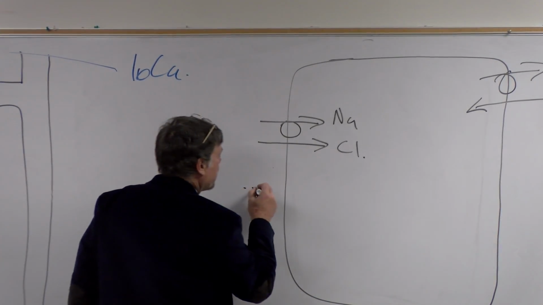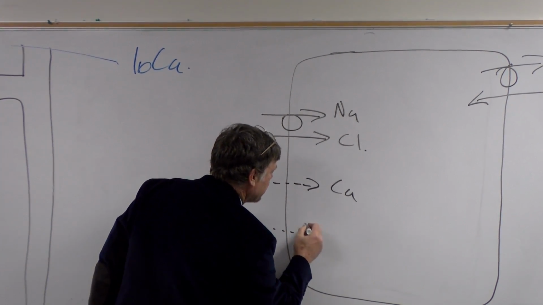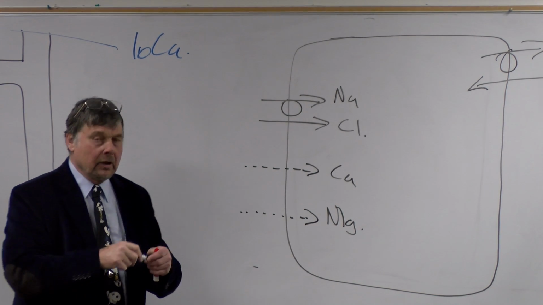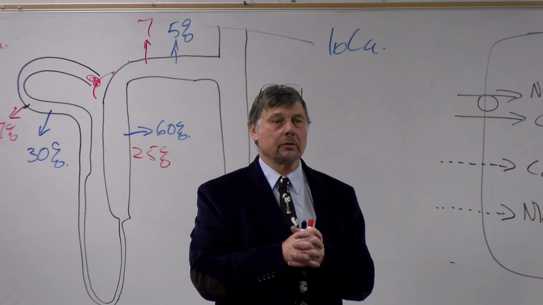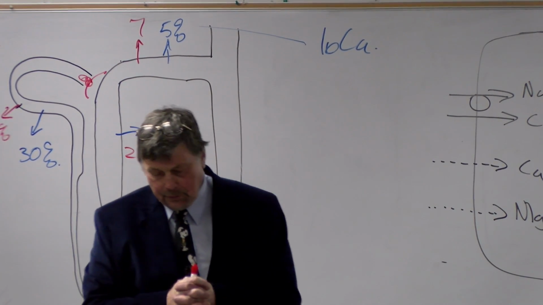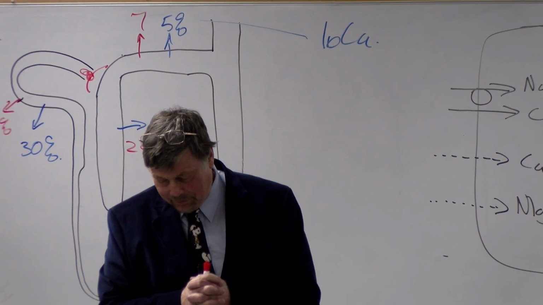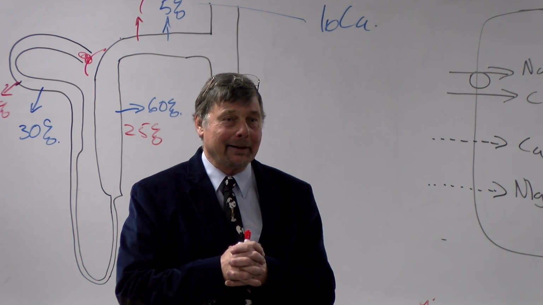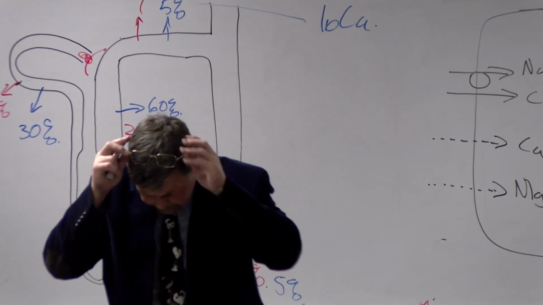You got channels for calcium and you got channels for magnesium. These are both TRP channels, and ask me if I'm going to test you on the numbers of the TRP channels. I can't remember them, so I'm not going to ask you. So the magnesium is TRPM6 and the calcium's TRPV5. I had to look it up on my notes, so you won't be tested on it, okay? It's a calcium channel and it's a magnesium channel. They're TRP channels. Okay.